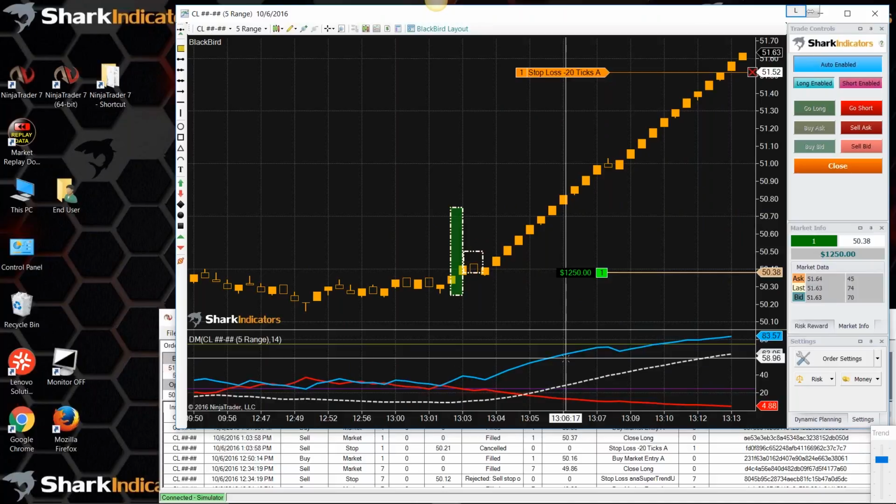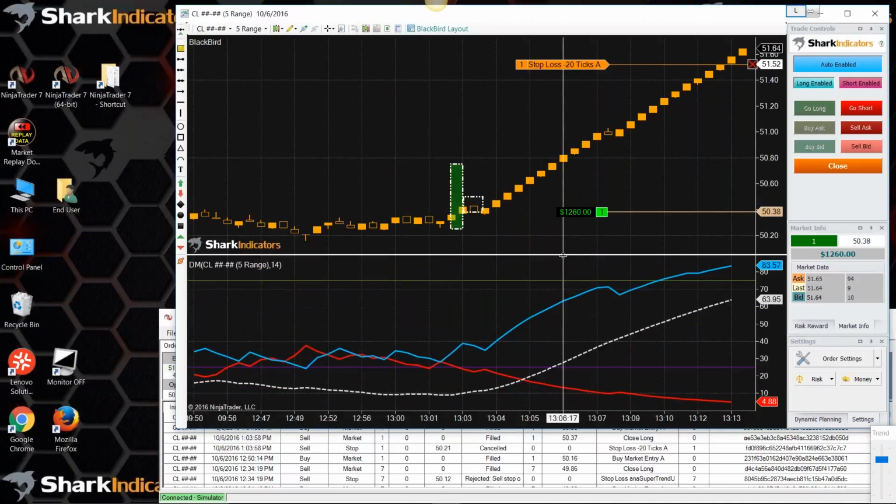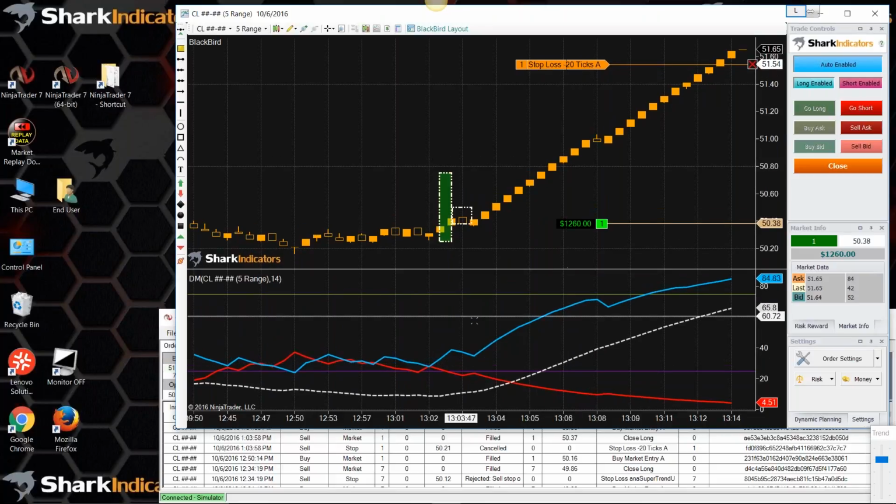Well, you know, the DM indicator gives pretty big values. I'm not sure how that could be used.